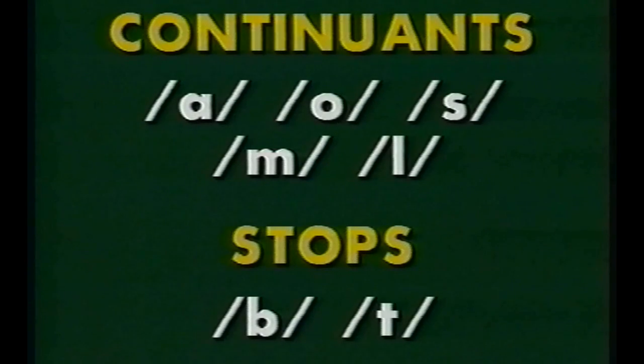Now let's review what we've learned about sounds. Sounds can be continuants, such as a, o, s, or they can be stops, such as b and t. Sounds can be voiced, such as z and g, or unvoiced, such as s and k. All vowel sounds are voiced.